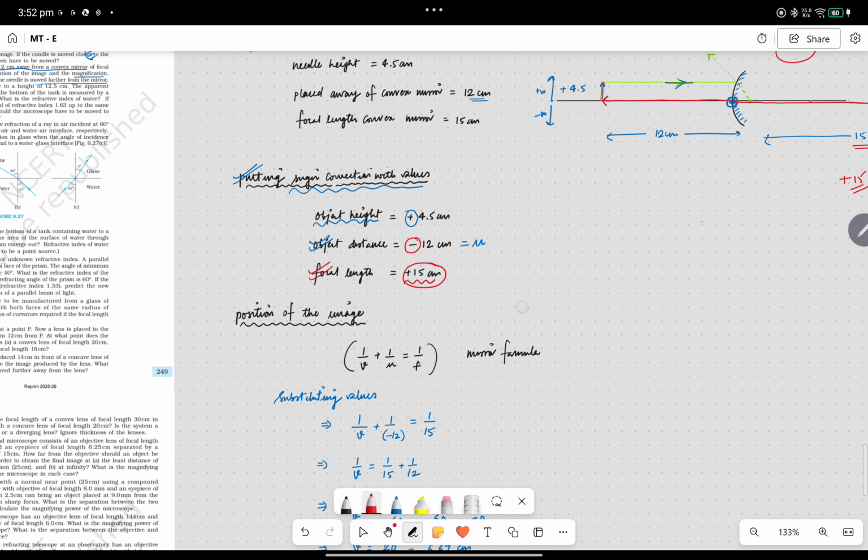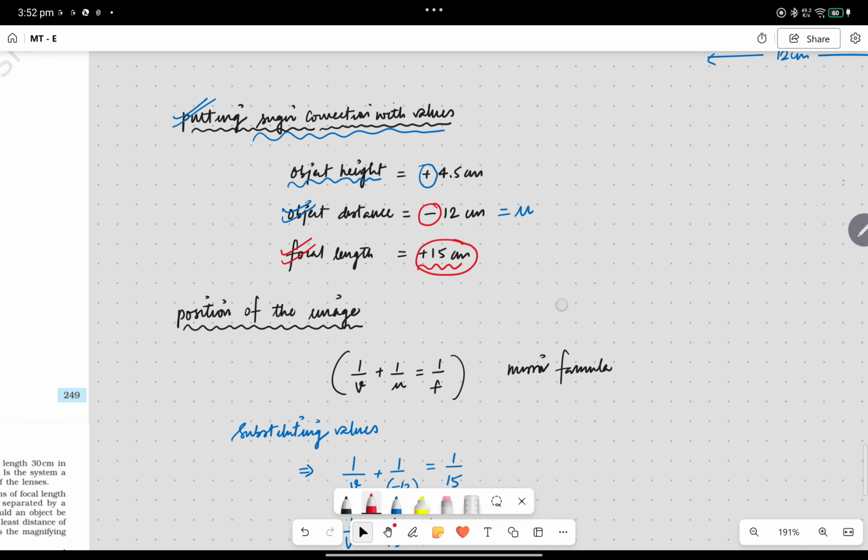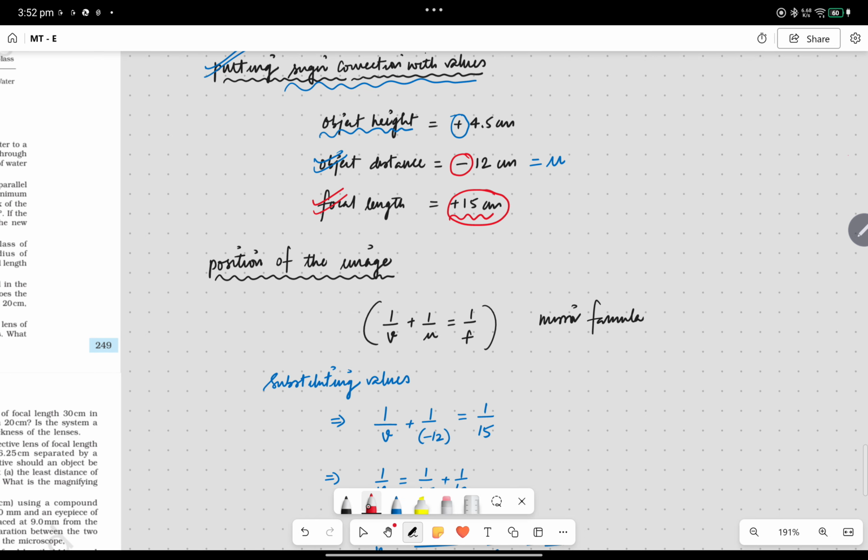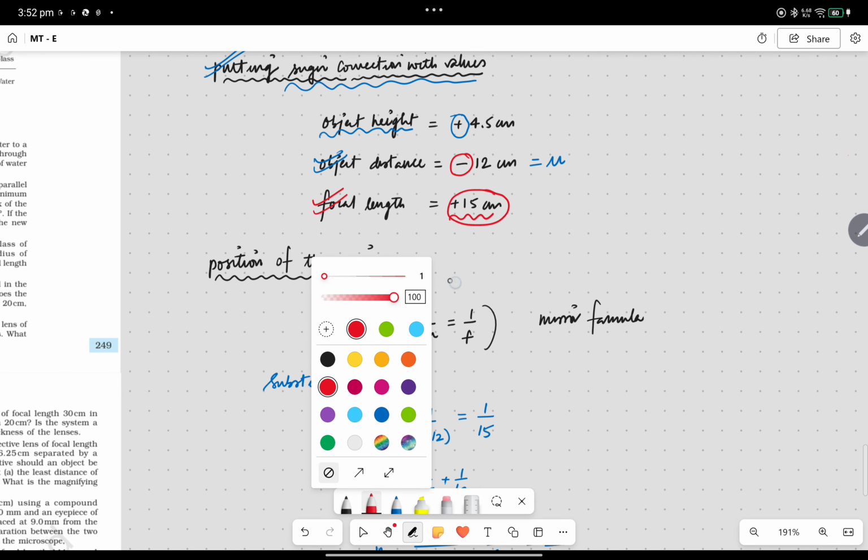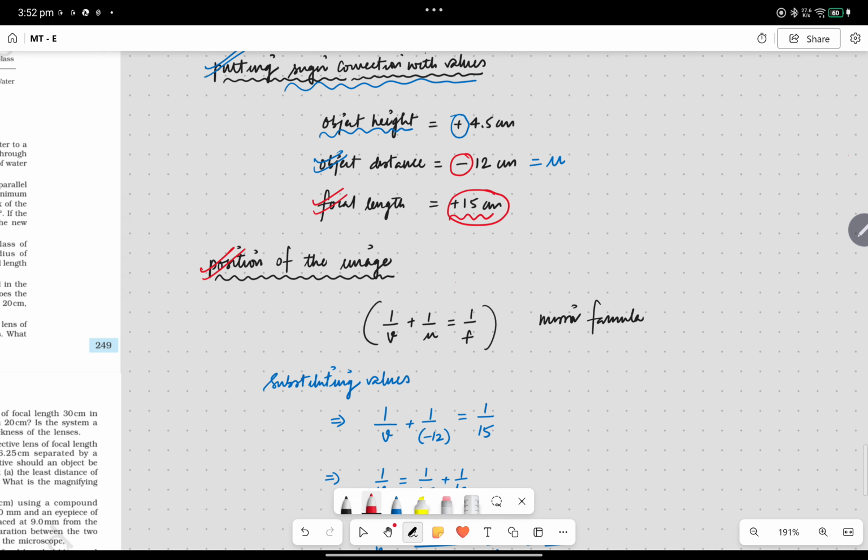Once you have done with the sign convention, you have to start solving this question, right? In the next step you have to use the mirror formula, that is 1 by v plus 1 by u is equal to 1 by f.